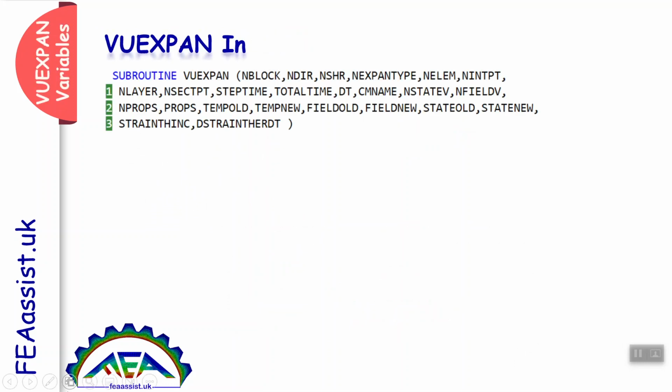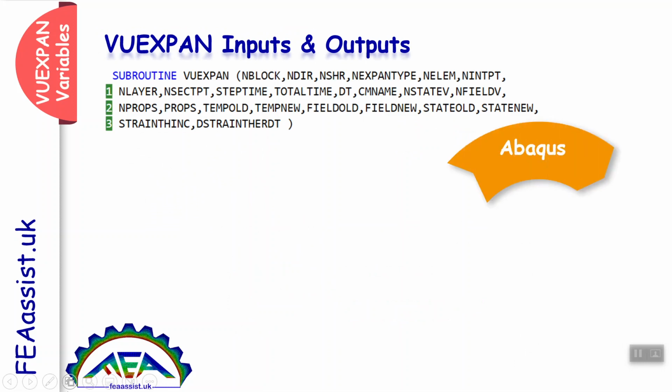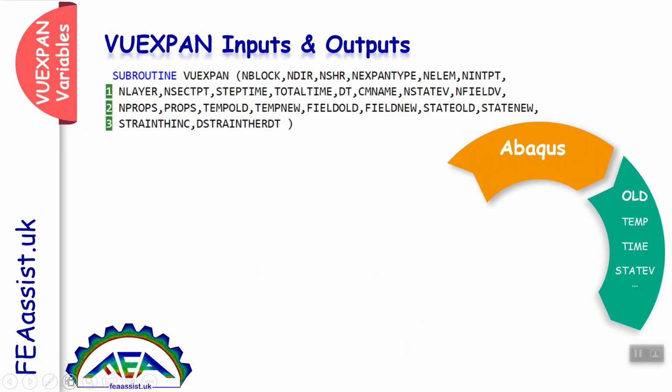UEXPAN variables, UEXPAN inputs and outputs. UEXPAN has some inputs. We need to get those inputs, process them, and export new variables as outputs into the Abaqus. In other words, Abaqus computes the temperature, time, state variables, transfer these variables as inputs into the UEXPAN subroutine.